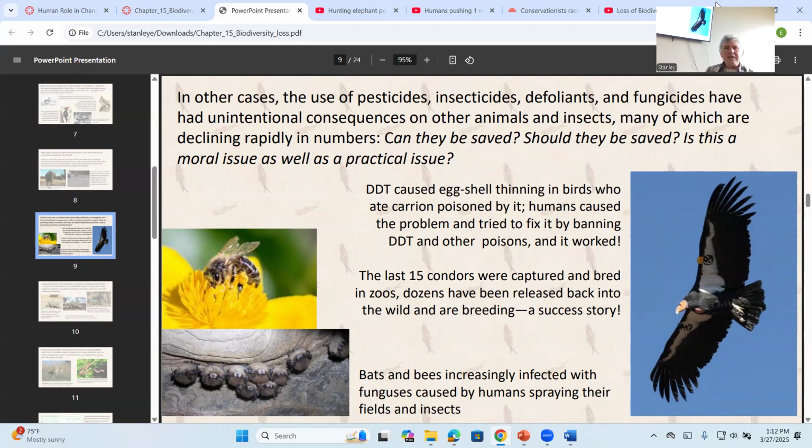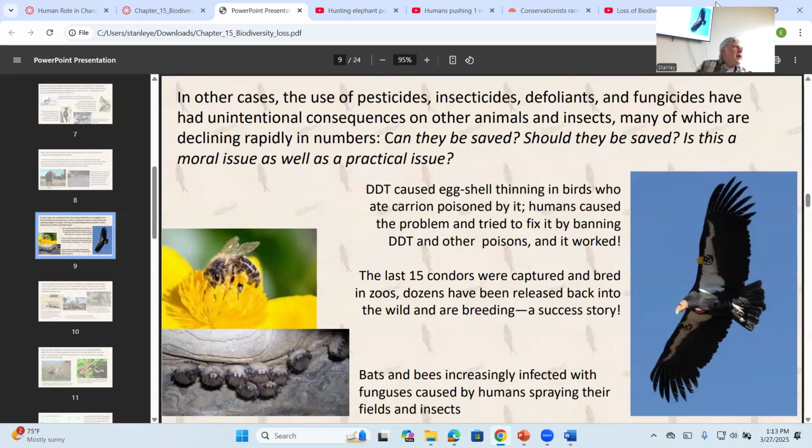Oftentimes pollution, especially pesticides, insecticides, defoliants, and fungicides, which we've talked about in previous classes, are real drivers of extinction as well. Sometimes it's insecticides spraying for certain kinds of bugs, but oftentimes, like we talked about with the honeybees, this can be inadvertent, right?